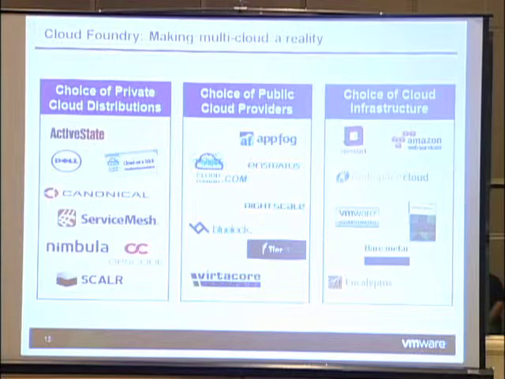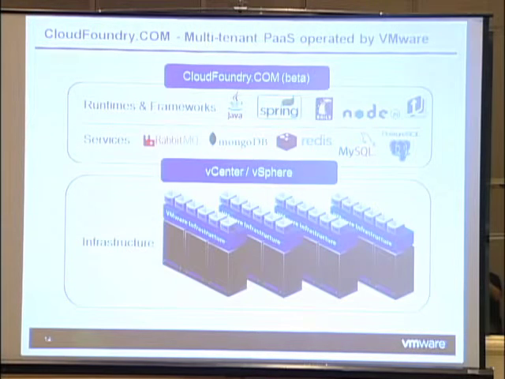AppFog is located in Portland, and they're doing some hosting of Cloud Foundry. And then different infrastructures. You can, if you want to, use Amazon Web Services. Get a Linux box, and then install Cloud Foundry onto it, and then point yourself to it, and now you're running using their infrastructure and Cloud Foundry. Other places offer different things, so this is available.